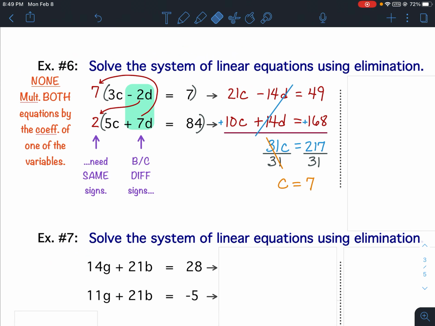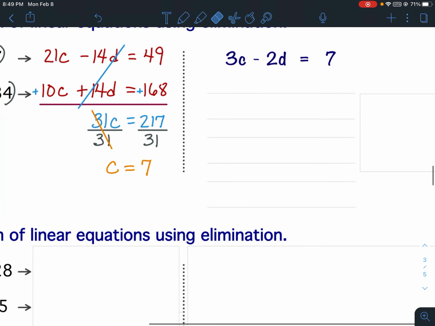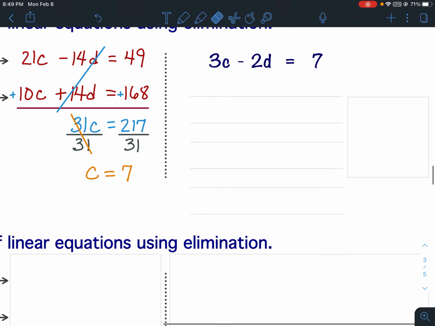Now I could choose any one of those four equations to substitute the 7 back in. But for me, the only one that seems logical would be this equation right here because it has the smallest numbers out of all of them. So I'm going to use the 3c minus 2d equals 7 equation. I solved for c, so where the c is, I'm going to put parentheses.